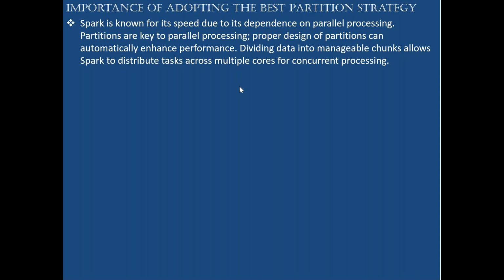When you have 8 cores, you can maintain the number of partitions in multiples of 8. Multiples of 8 means 8, 16, 24, 32, 40, 48, 56, and so on.